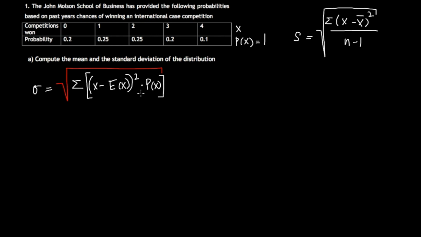So we saw earlier, if winning 4 competitions per year has a 10% chance of occurring, that's 0.4 competitions only. So to get my standard deviation, I'm going to do the same thing. I'm going to apply a corresponding probability to the difference from the mean, and then I'll determine the likelihood of that outcome.